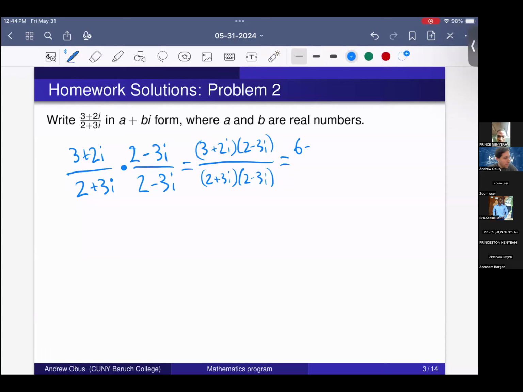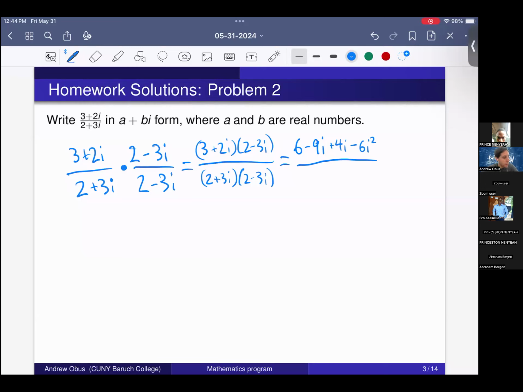Minus 9i. Plus 4i. Minus 6i squared. Great.